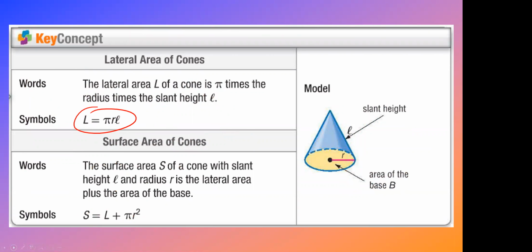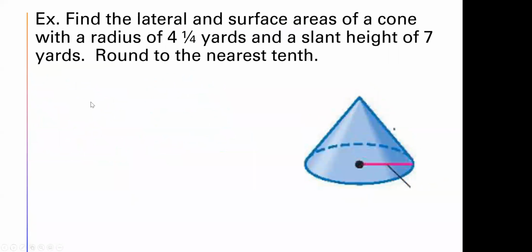All right, so let's take a look. It says find the lateral and surface areas of a cone with a radius of 4 1/4 yards and a slant height of 7 yards. That's this side right here.